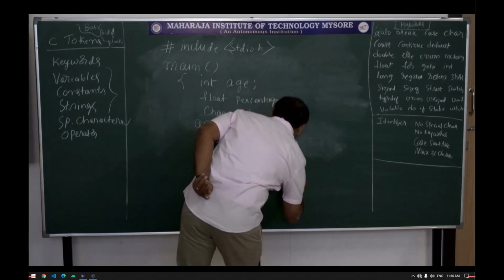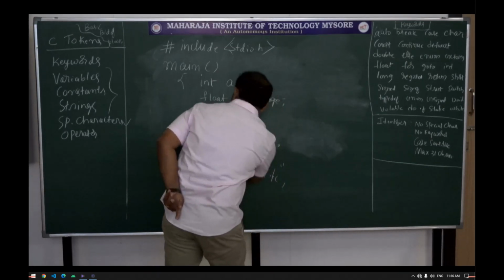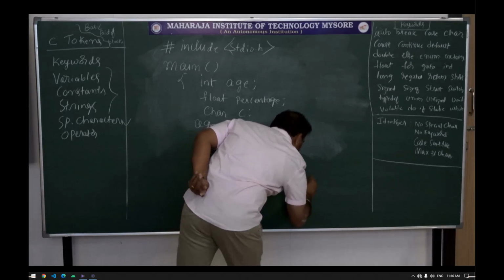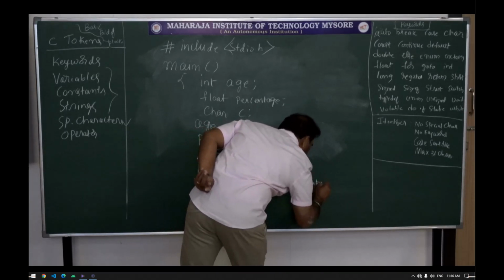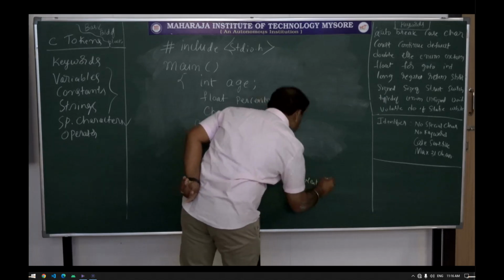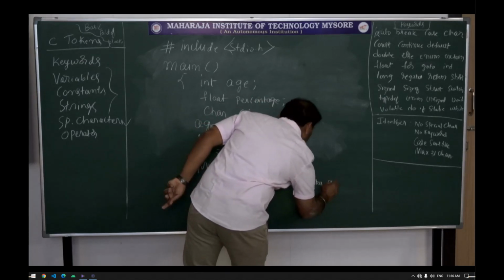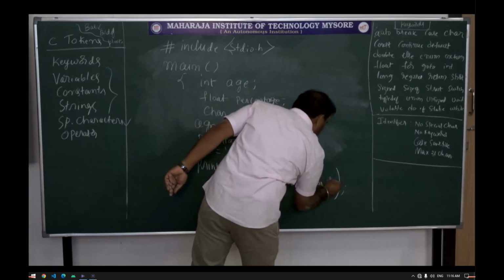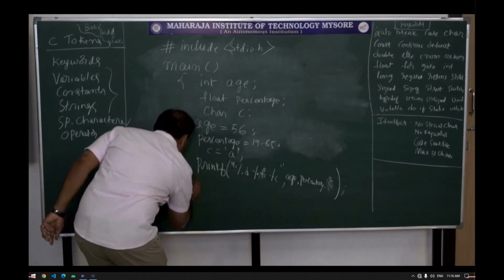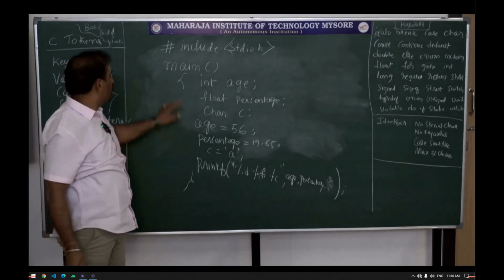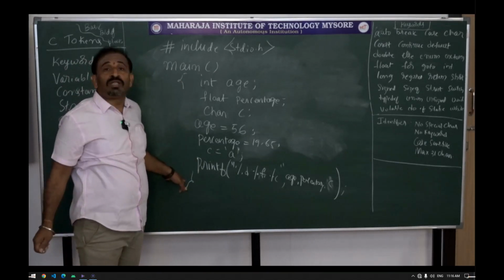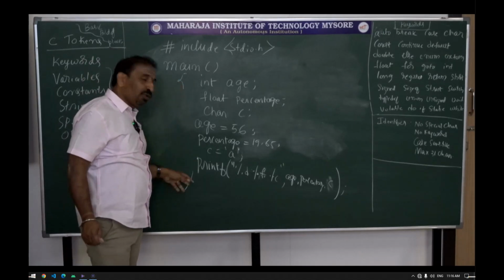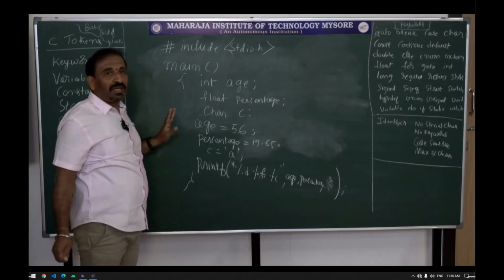So I am printing age, comma, percentage, comma, c, sorry, this is c. Close this program. This bracket should be closed. You should ensure that whenever you open any bracket, that bracket should be closed. So therefore I have closed this bracket.